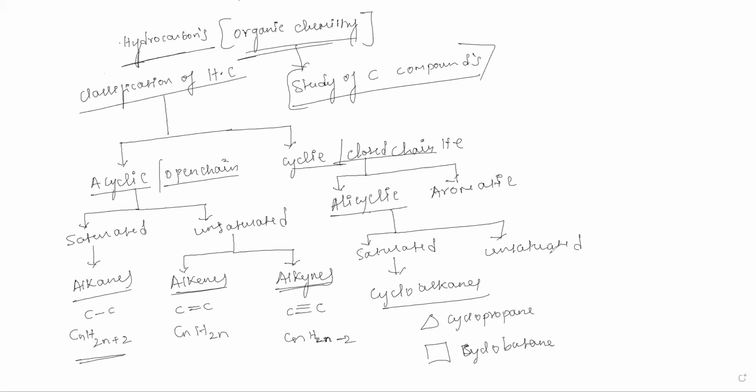When it comes to unsaturated, there are two types: cycloalkenes and cycloalkynes. That means cyclic compounds containing a double bond and cyclic compounds containing a triple bond. That comes under unsaturated.